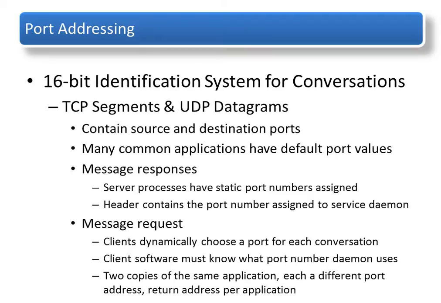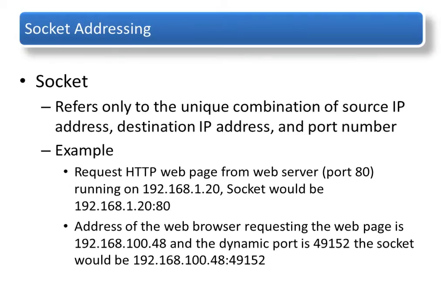Port numbers are assigned in various ways, depending on whether the message is a request or a response. While server processes have static port numbers assigned to them, clients dynamically choose a port number for each conversation, between 49,152 up to 65,535.